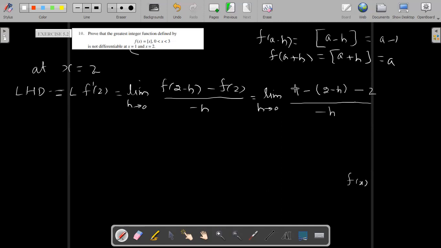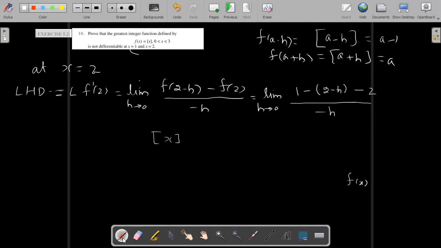So this would be f(2 minus h). Greatest integer means we have to find the integer less than 2 minus h, so it will be 1. If we find the value directly, it will be 1, and this will be 2, so 1 minus 2 is minus 1.